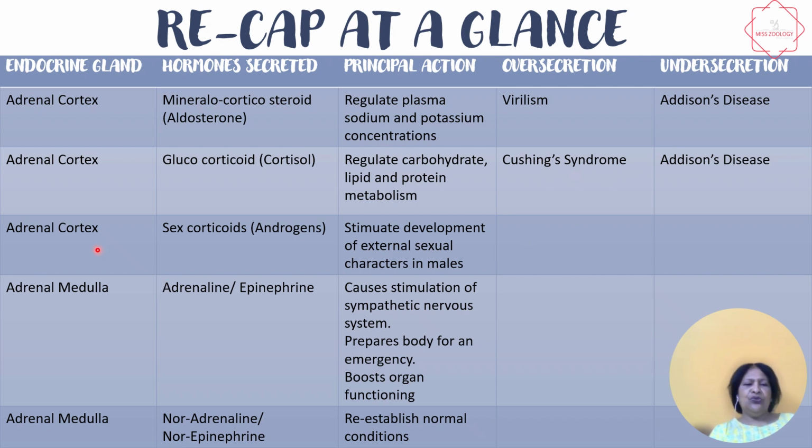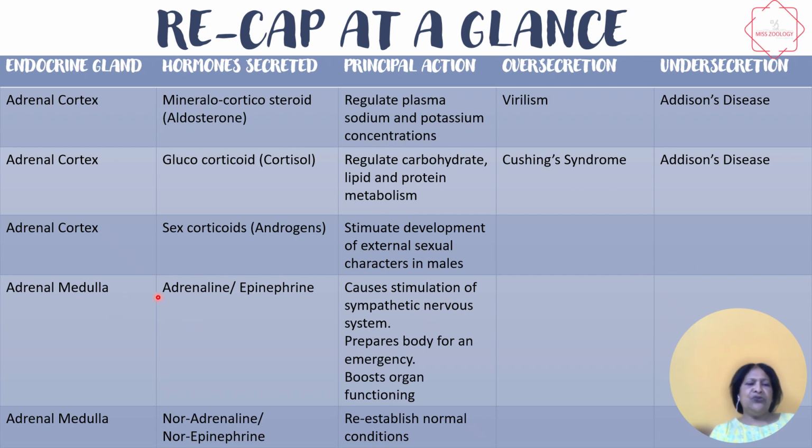Then we come to the sex corticoids, which stimulate the development of external sexual characters in males. If this is under-secreted, this may lead to impaired development of the gonads in the two sexes.